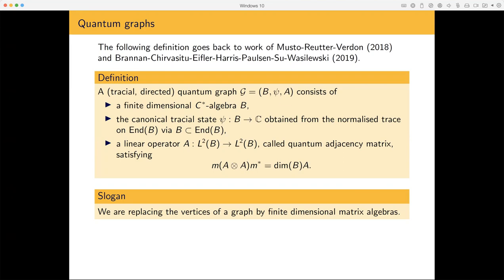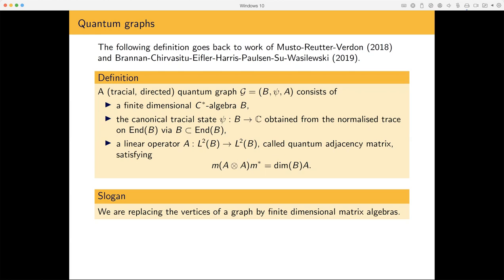Sorry, the psi appears in the definition of the inner product that you put on B, right? Yes, exactly. I should have made that clear. In a sense, that's how this enters into the third condition, because we form L2 of B with respect to psi, and that affects the map M star. So M will always look the same, but M star depends on which state psi I choose. And you're exactly right, this is how this state enters the definition.